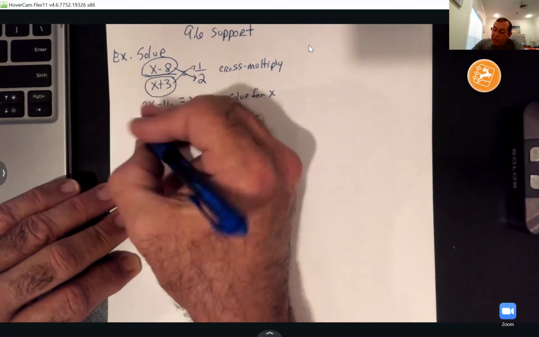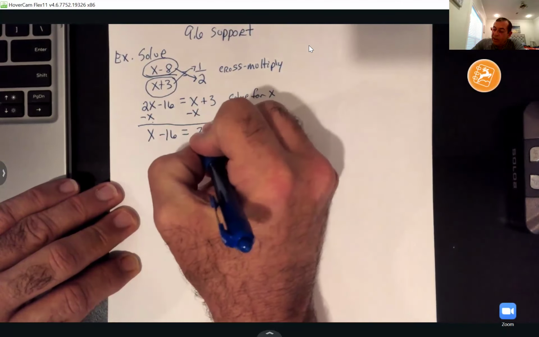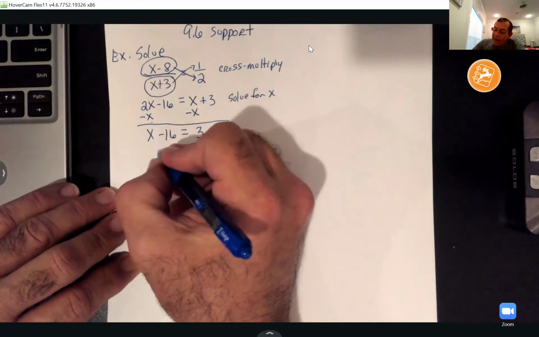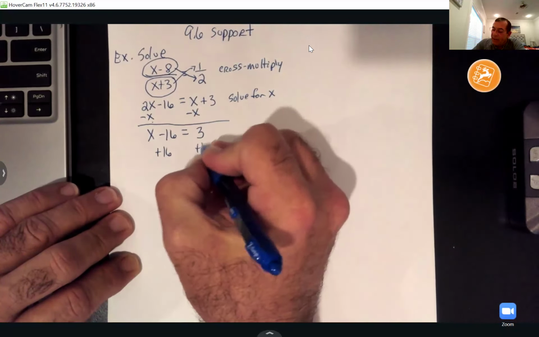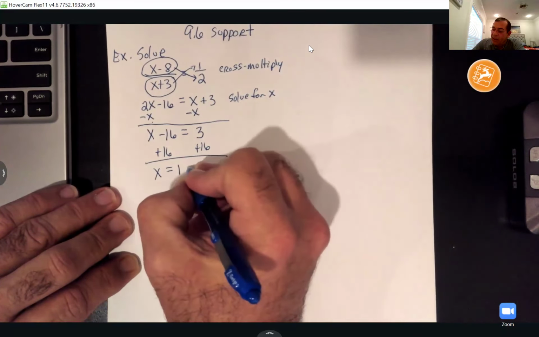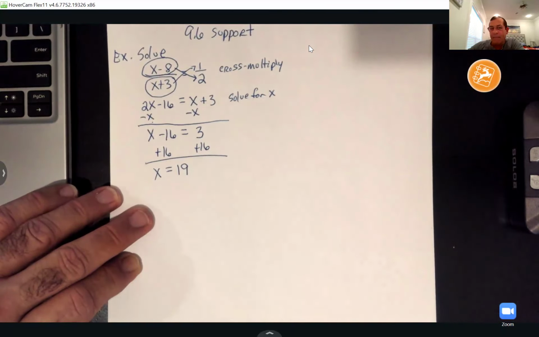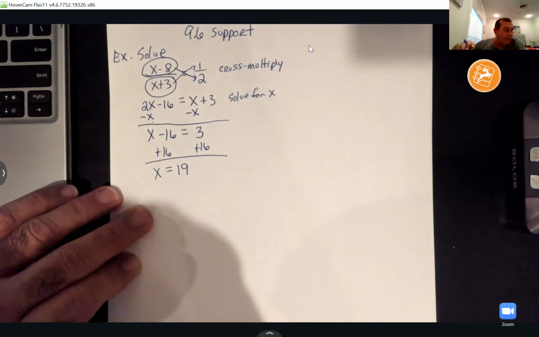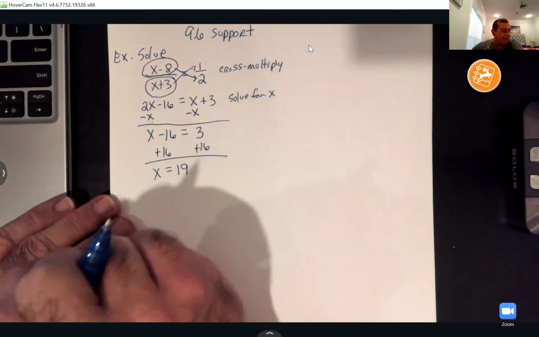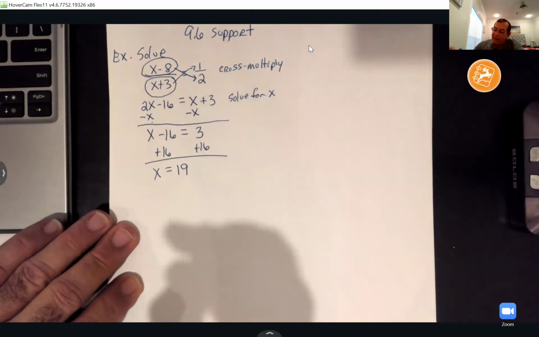So 2x minus 1x left me 1x minus 16 equals 3. And y'all, add 16 to both sides and be done. So that my x equals 16 plus 3, which is 19. Okay. So the first three, that's all you're doing. You're cross multiplying. And all of them will be done just like that.